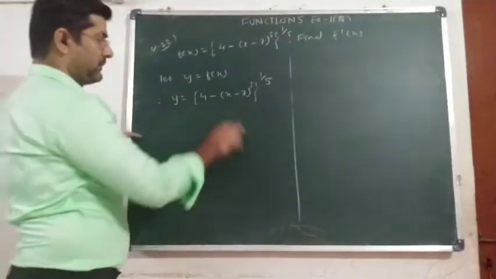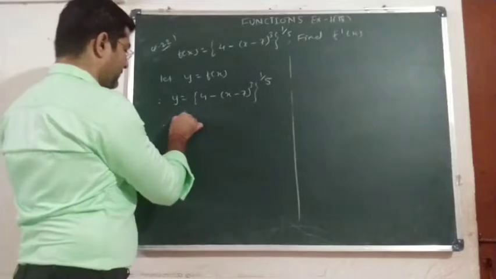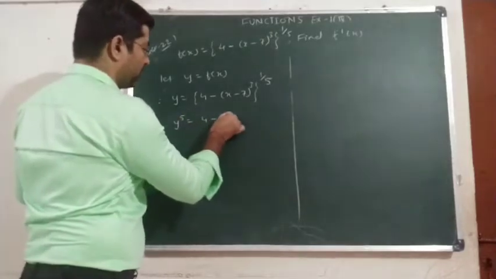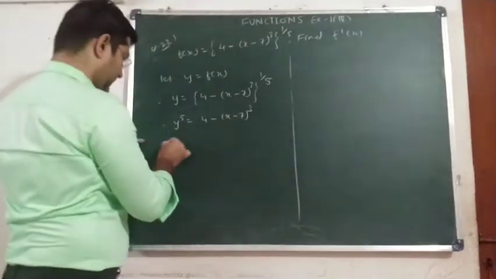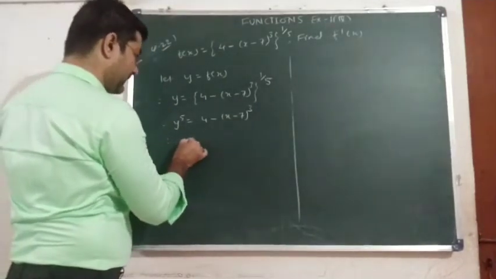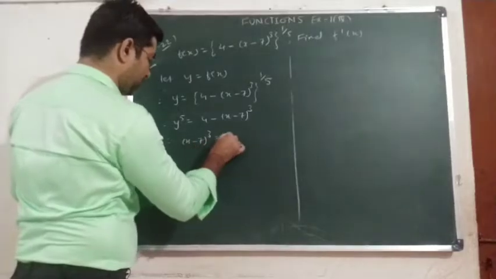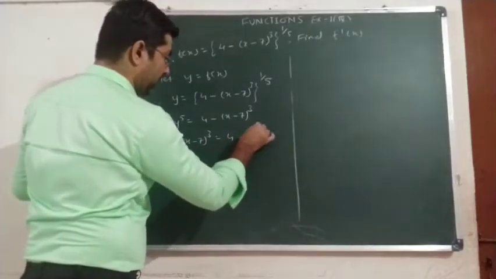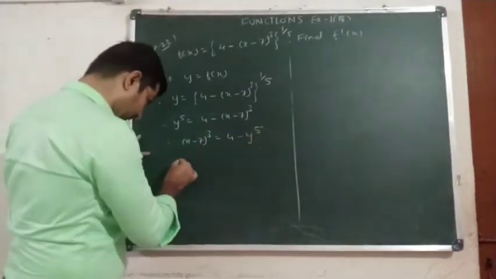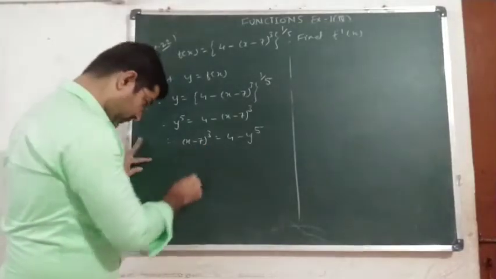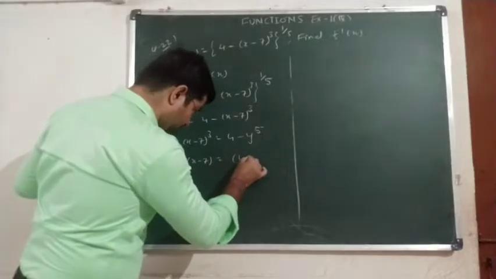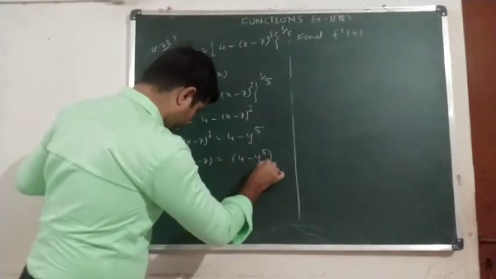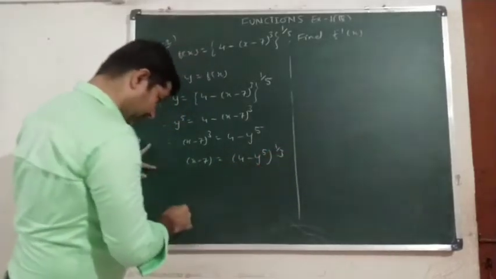Okay, on simplifying, we will get y raised to 5 is equal to 4 minus x minus 7 whole raised to 3. On further simplifying, we will get x minus 7 raised to 3 is equal to 4 minus y raised to 5. Now remove 3 from here, so we will get x minus 7 is equal to 4 minus y raised to 5 whole raised to 1 by 3.